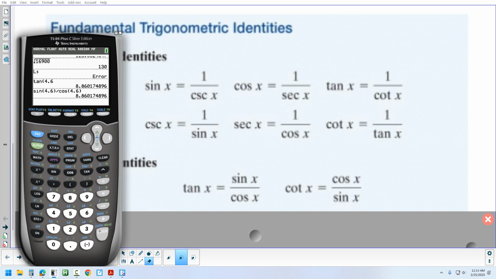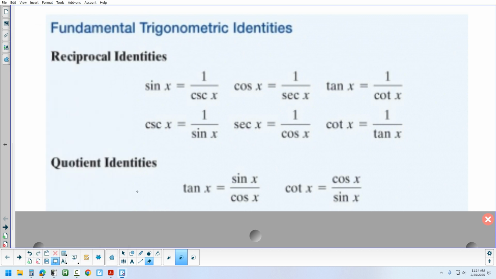Sine divided by cosine gives you tangent. So why would you want to do that? That seems more complicated than just writing tangent. Well, you'll see why sometimes we want to write things with sine and cosine, because it's going to cause something to cancel out. Okay, and because tangent and cotangent are reciprocals, if you do cosine over sine, you get the cotangent.